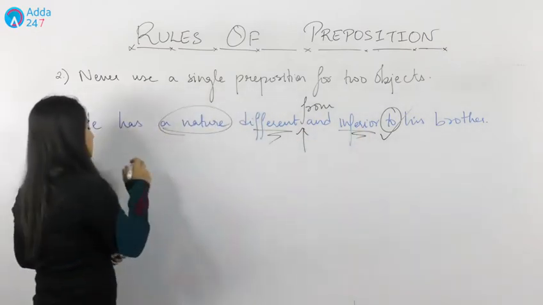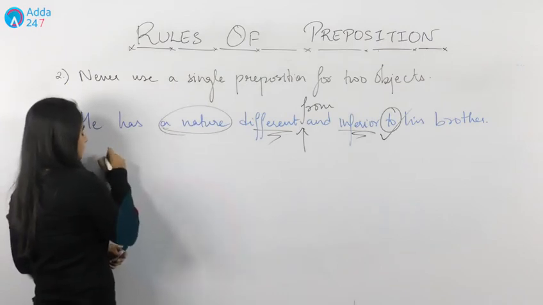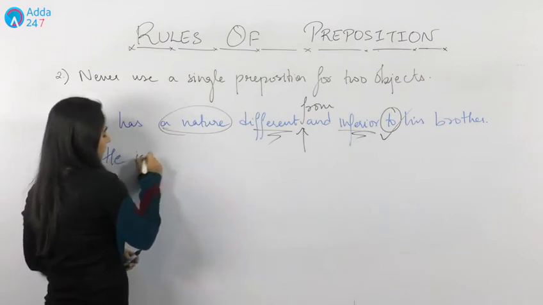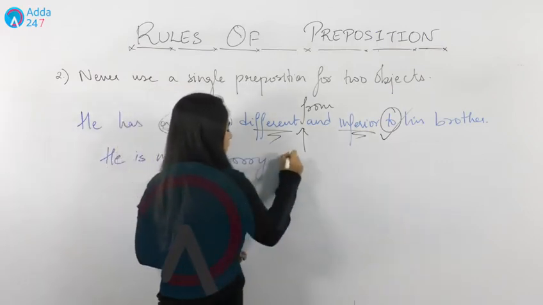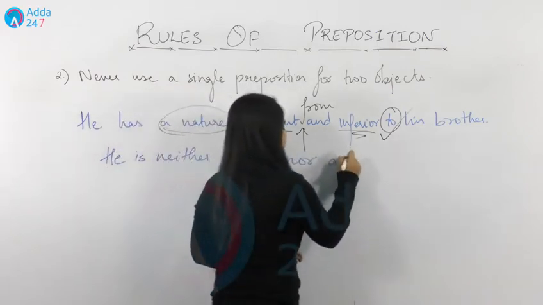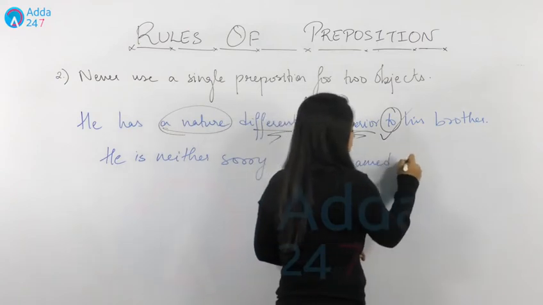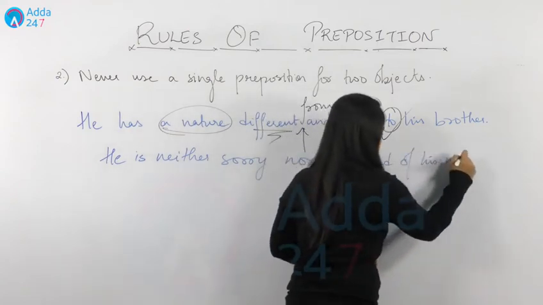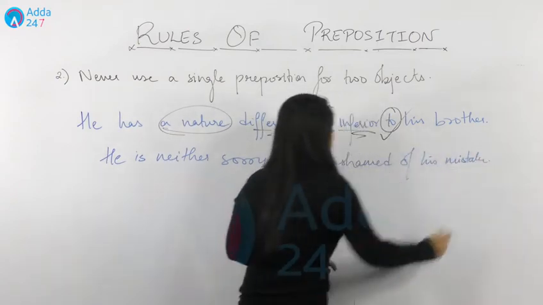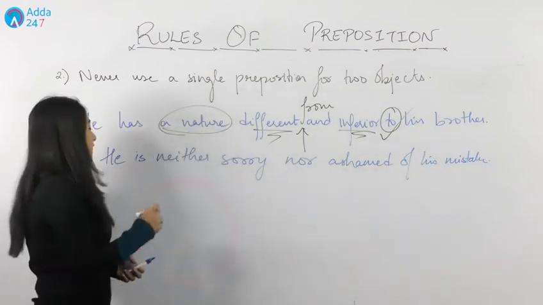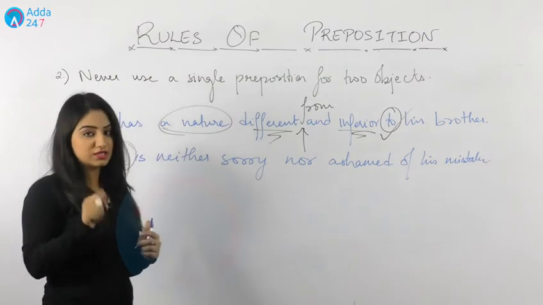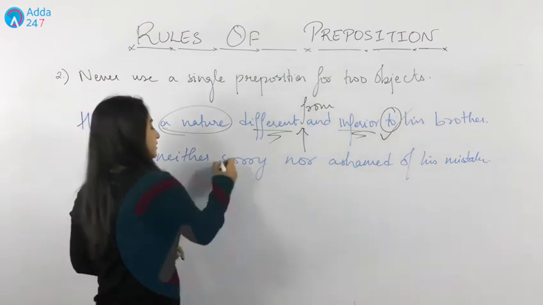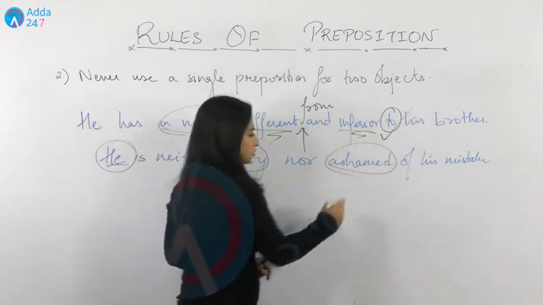Next, if I give you one sentence, it says, he is neither sorry nor ashamed of his mistake. Now in this sentence we are talking about the subject he, and he is neither sorry nor ashamed of his mistake.